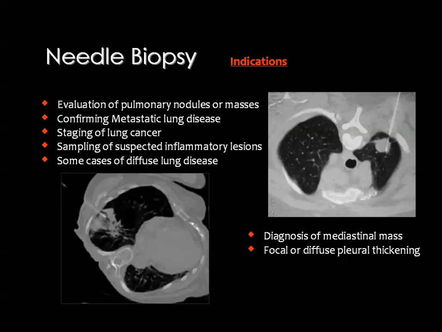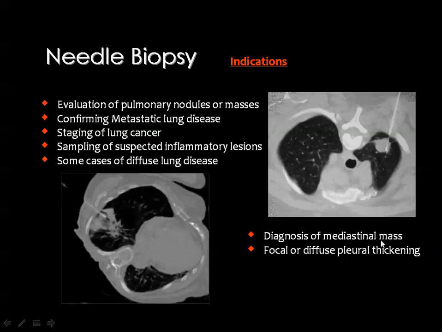Then the indications for needle guided biopsy include evaluation of pulmonary nodules or masses, confirming the diagnosis of metastatic lung disease, staging of lung cancer, sampling of suspected inflammatory lesions in the lung, and in some cases of diffuse lung disease, we may go to core biopsy in order to reach a final diagnosis, especially in some cases of interstitial pulmonary parenchymal lesions.